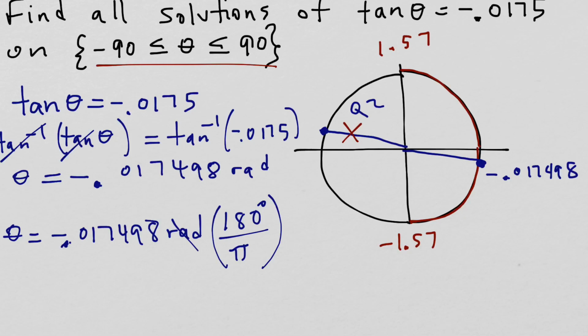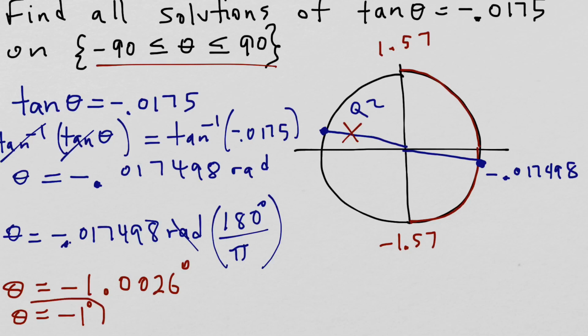So if I take negative this number here times 180 divided by pi on my calculator, you're going to get a very small angle in degrees, and if you're asked to round it, then this would actually round to negative 1 degrees. All right, so this would be our answer right here. I've only got one angle that fits the bill within that interval in degrees.